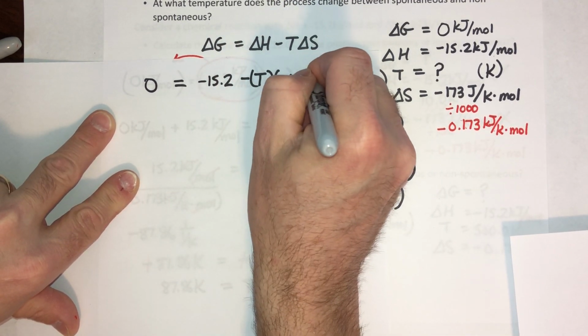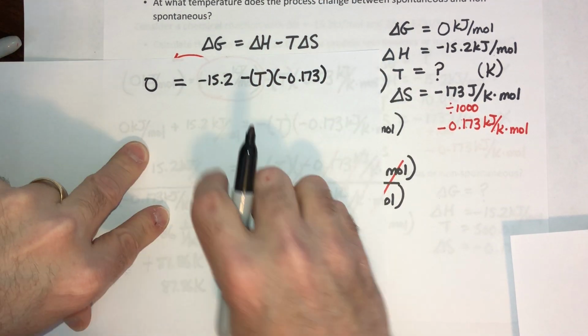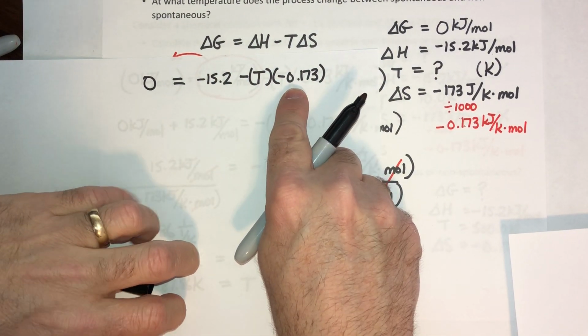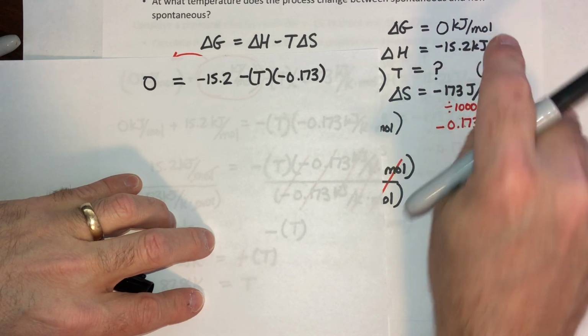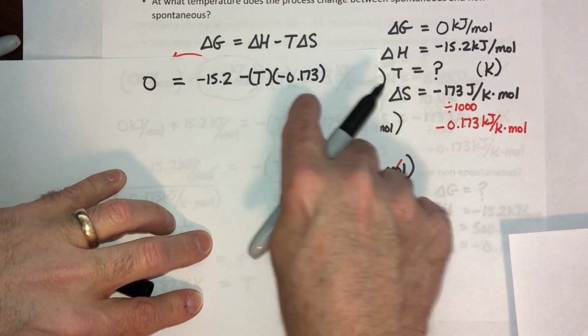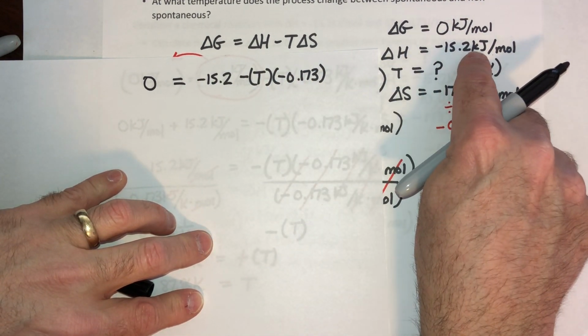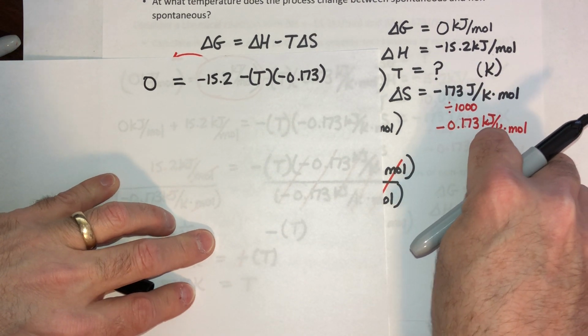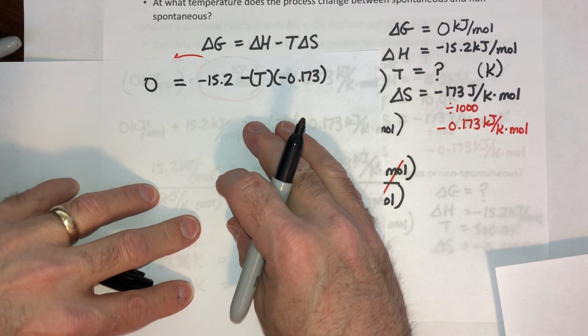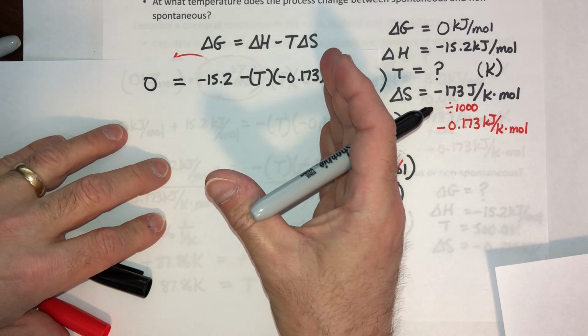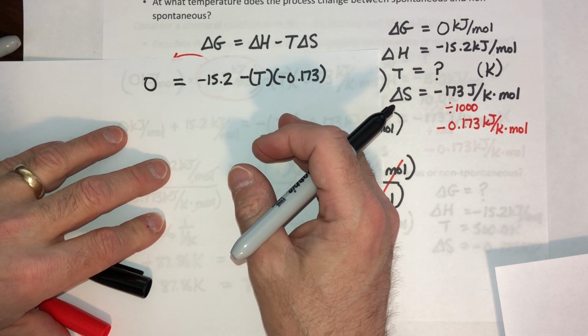minus 0.173. Now, if you are going to leave out your units, you do have to make sure they match, right? The matching part is important, even if you don't write the units in. If this has kilojoules, this needs kilojoules. But by leaving the units out, now it looks more like a math problem and less like a chemistry problem, right?